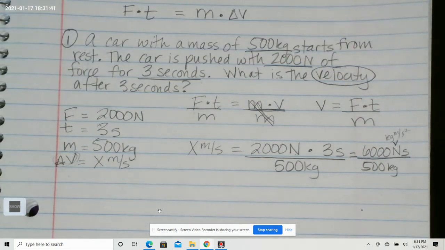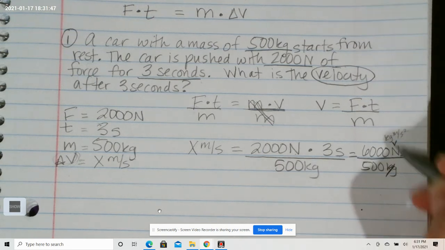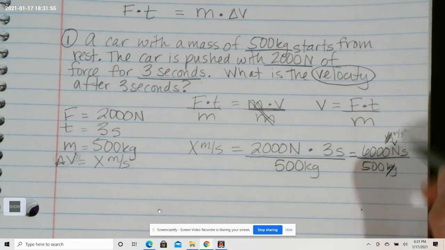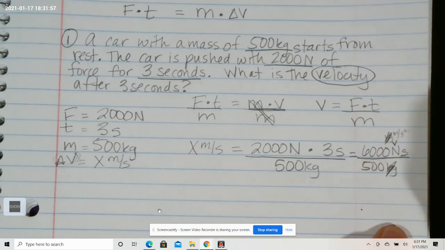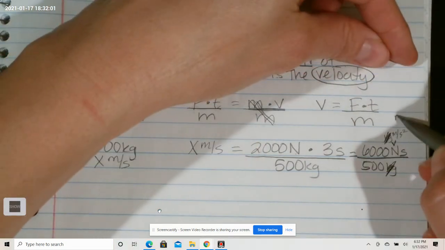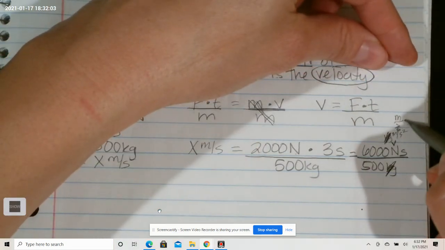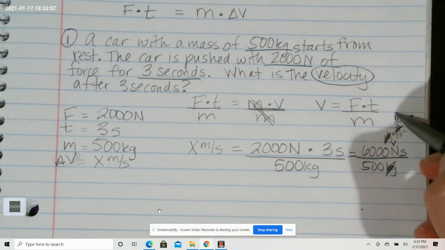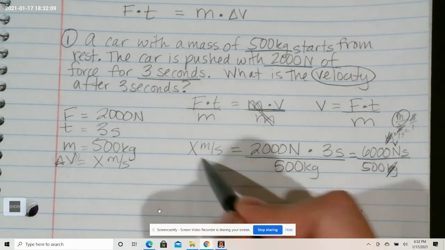So my kilograms are technically canceling out. Now I have a meter per second squared times a second on top, because there's nothing on the bottom anymore. A meter per second squared times a second over 1, cancel out the seconds on the bottom, and I'm left with just meters per second. That's what I need.